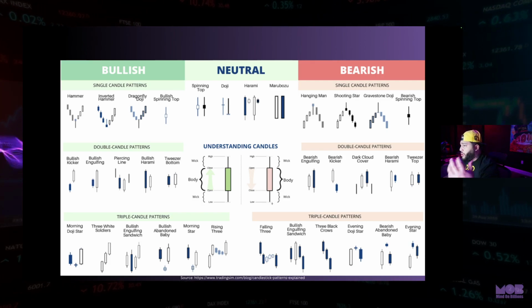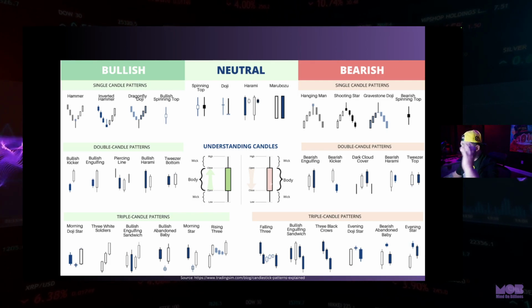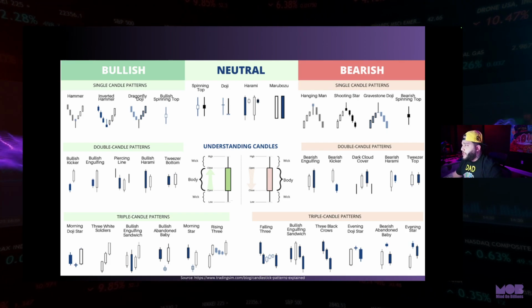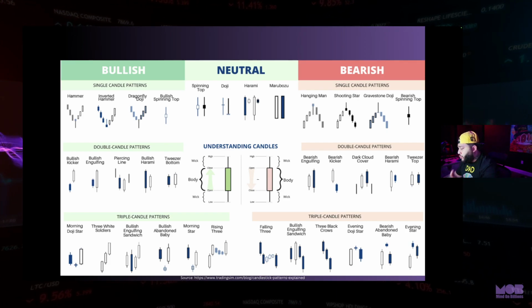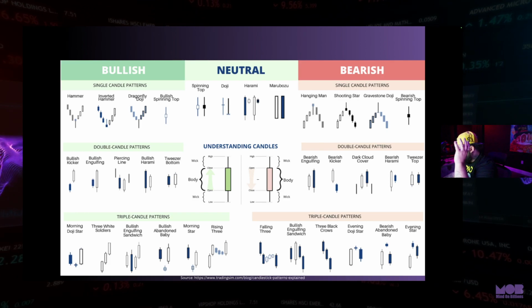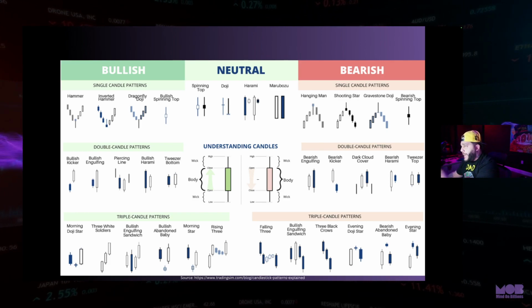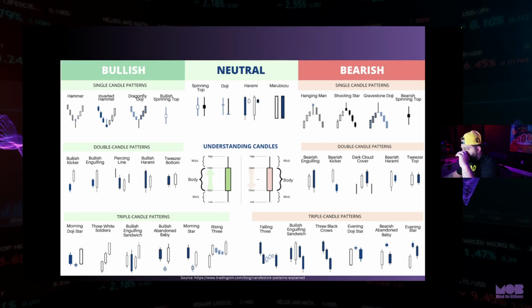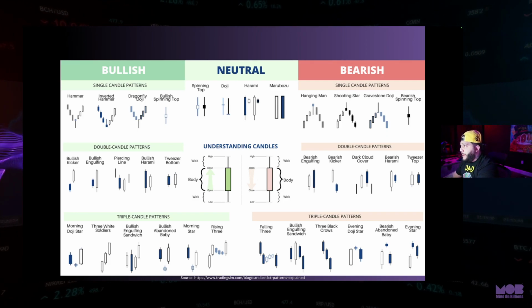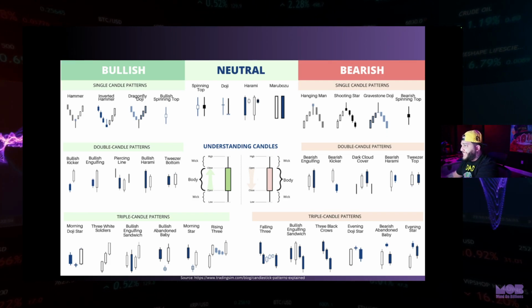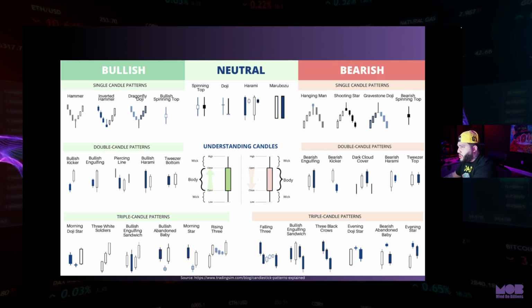The low represents the lowest point price has reached in that time interval. So when you're choosing a 5-minute, 10-minute, 15-minute, 1 hour, 4 hour, daily, or weekly candle, whatever it is, each candle represents what price has done in that time interval.